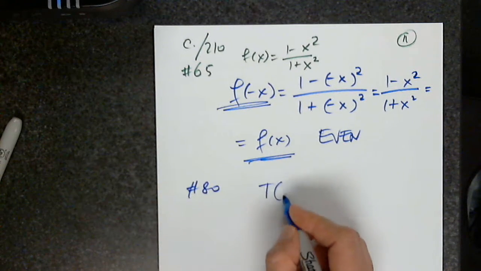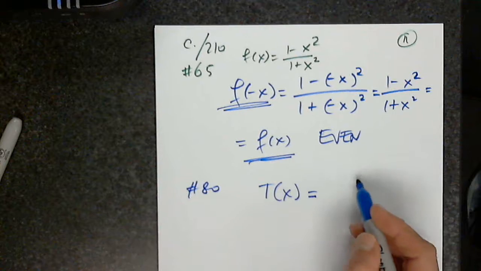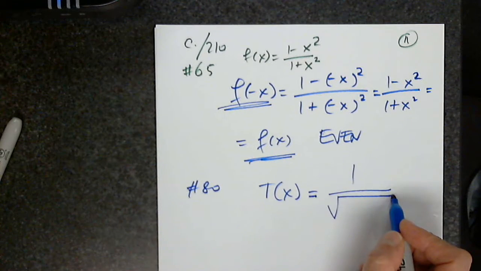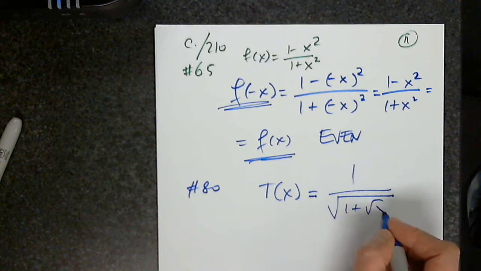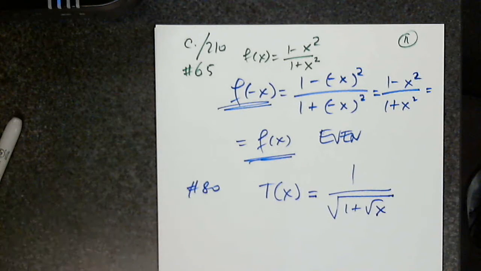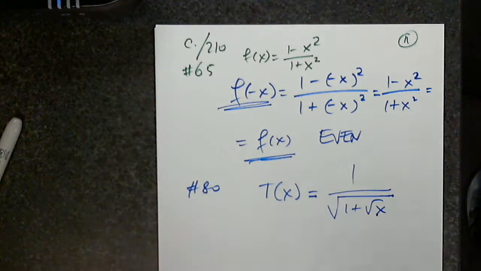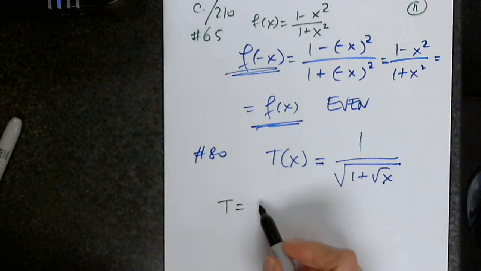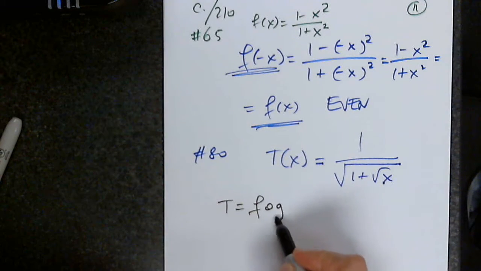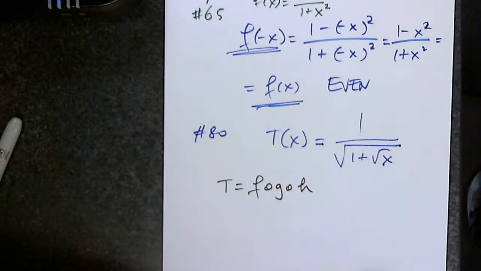We're given a function uppercase T of h, which is 1 over the square root of 1 plus the square root of x. I would like you to find 3 functions, f, g, and h, such that t equals f, g, h.